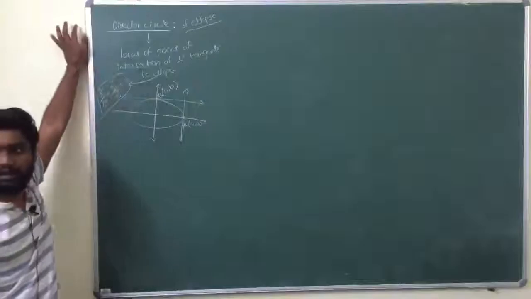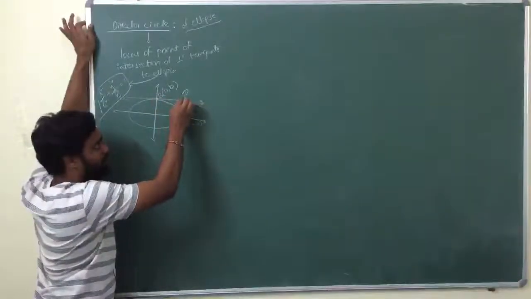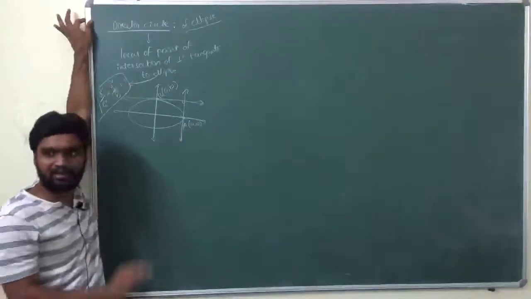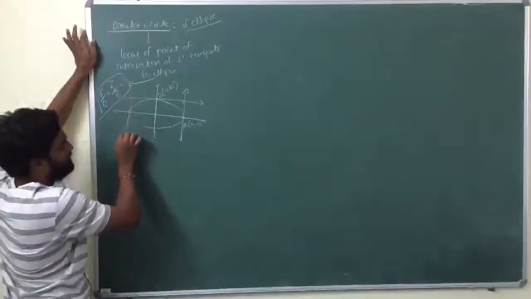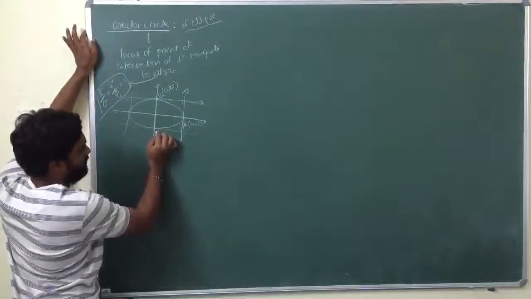Now perpendicular tangents. The tangent at B and tangent at A are perpendicular. No doubt in this. Similarly, tangent at A dash and tangent at B are also perpendicular, and at A dash and B dash are also perpendicular.